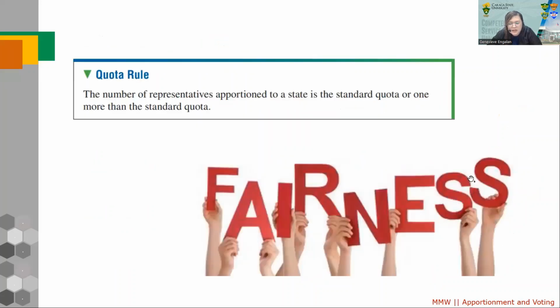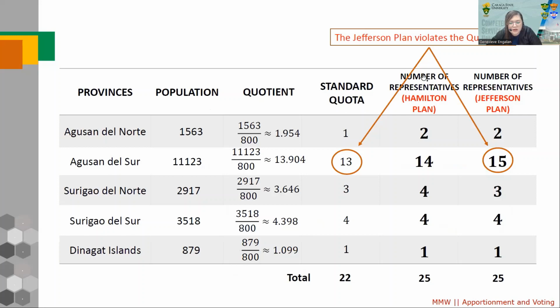Okay. This is called the quota rule. The number of representatives apportioned to a state is the standard quota or one more than the standard quota. So it should be equal to the standard quota or plus 1. Looking at the Hamilton and Jefferson plans, for the first state the result is 2, which is okay because it's plus 1 of the standard quota.